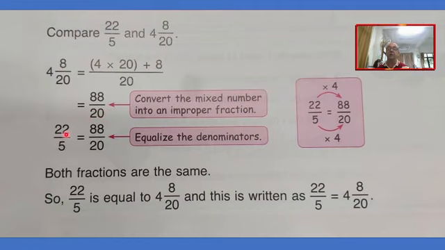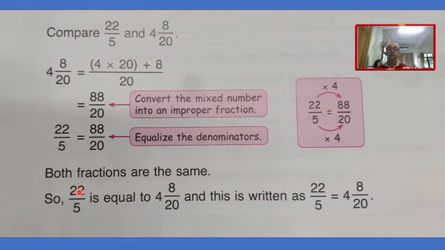Okay, so we have 22 over 5. When we change here, we have 88 over 20. Okay, so both fractions are the same.